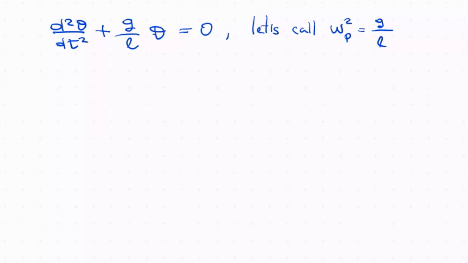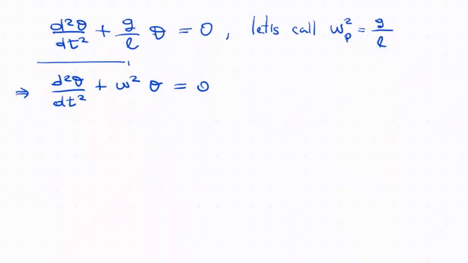Okay, it has the same units as the previous one, but we want to do something a little bit different. If we do that, finally the equation will be written like this: second derivative of theta with respect to time plus omega squared theta equal to 0. And this is the equation of motion of a simple pendulum.